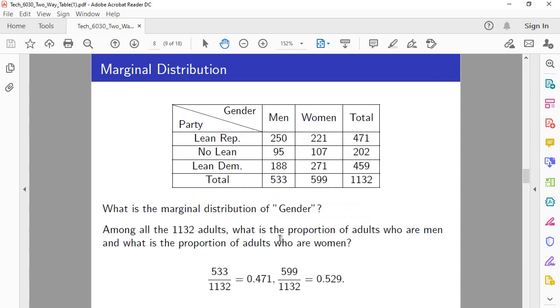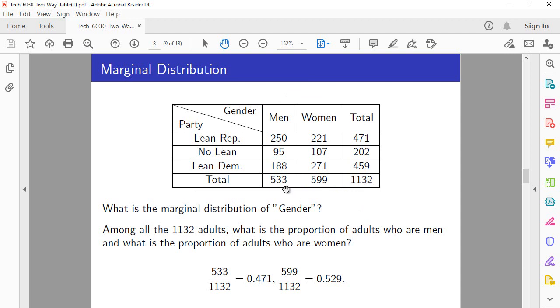Okay, now I want to look at the marginal distribution. Recall that this is the table that we started with, the table we obtained from the study. In the last column and the last row, I have the totals: the last column gives us the total of each row, and the last row gives us the total of each column. Among all the adults, remember we picked a total of 1,132 adults.